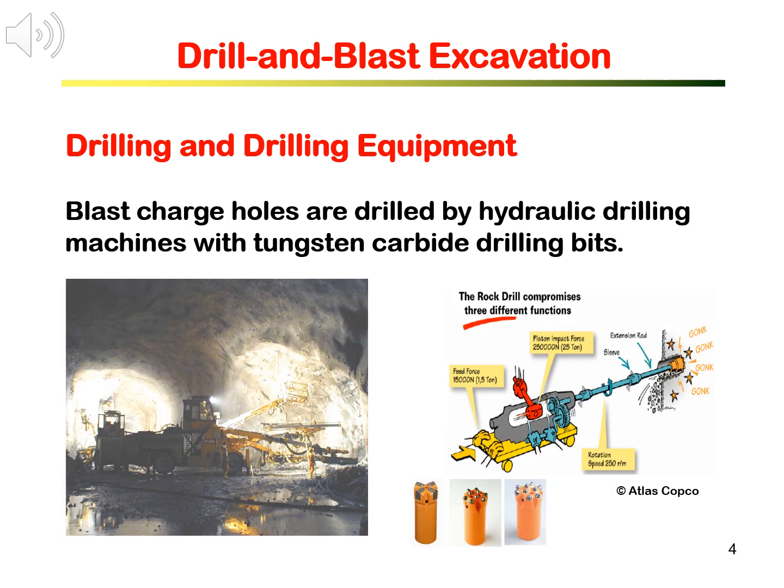Let us move along the drill and blast cycle. Start with drilling and drilling equipment. Today, blast charge holes are drilled by powerful hydraulic drilling machines with tungsten carbide drilling bits.